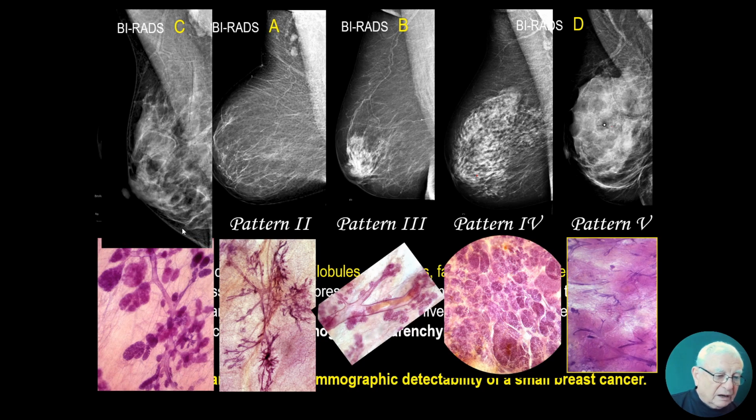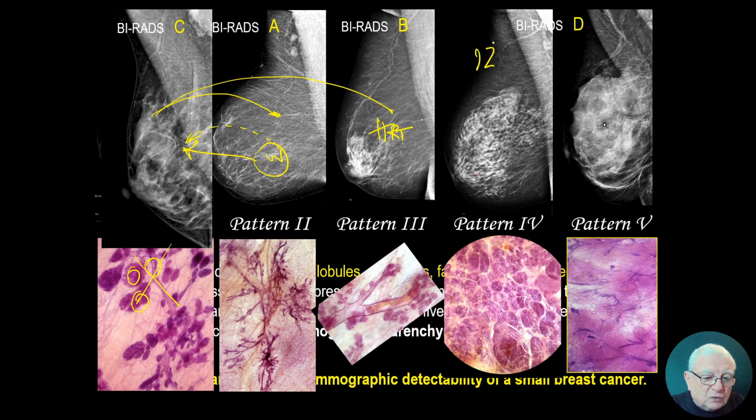And during the decades, it's going to change because these small TDLUs are going to realize that she is not going to be pregnant, so it becomes a pattern 2 or pattern 3. But if she decides to become pregnant or takes HRT, then wintertime turns to springtime again.